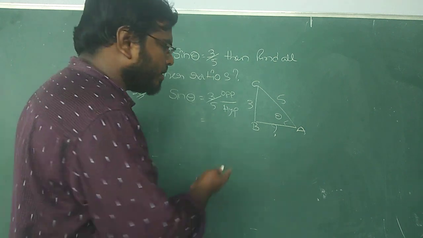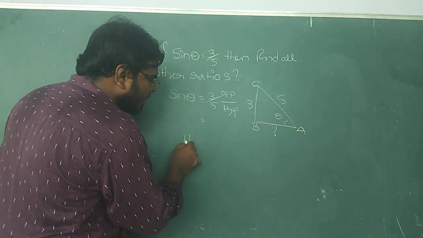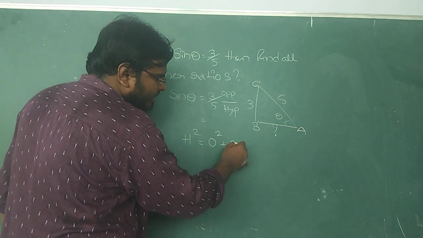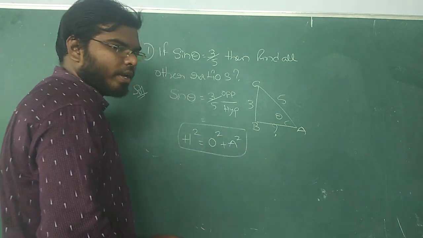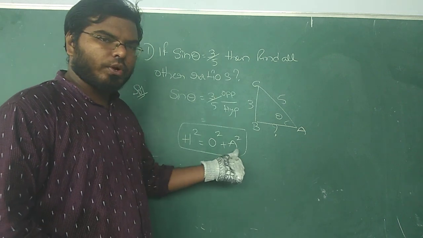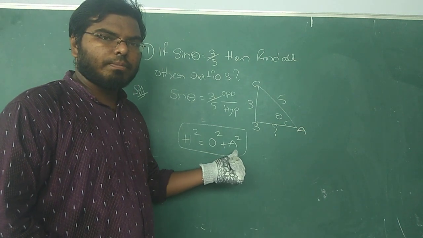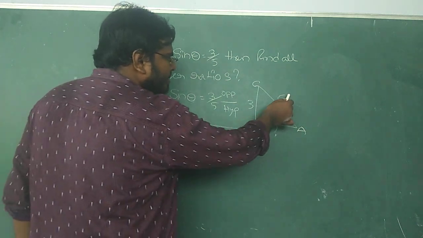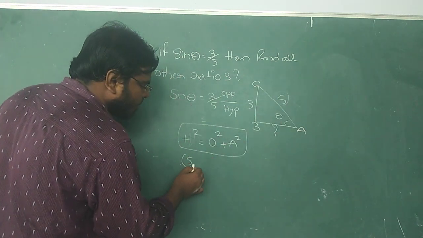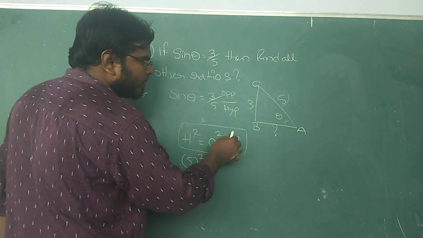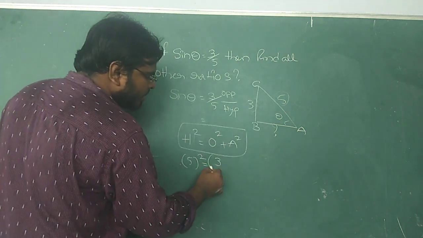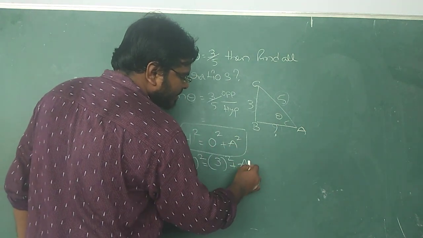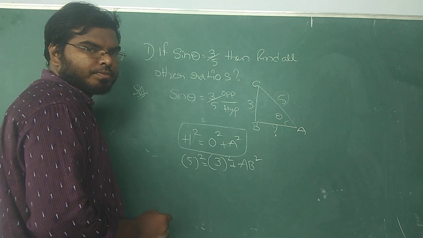Using the Pythagoras formula to find that. What is the Pythagoras formula? Hypotenuse square is equal to opposite square plus adjacent square. H square is equal to O square plus A square. Hypotenuse square is 5 square, opposite is 3 square, plus adjacent. We don't know the adjacent, that means AB square is the adjacent.